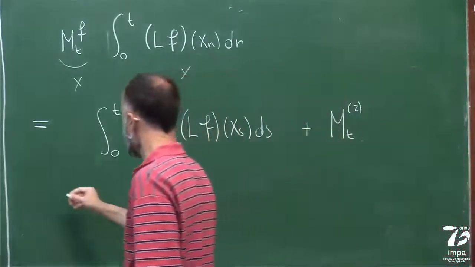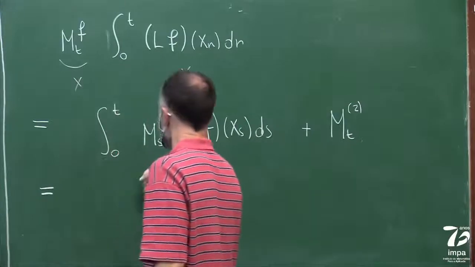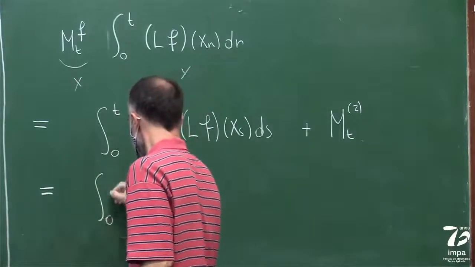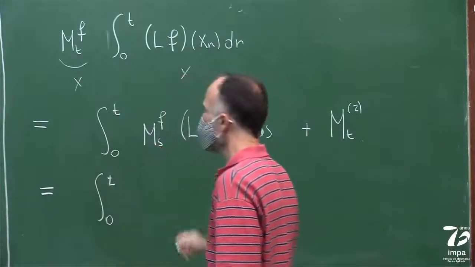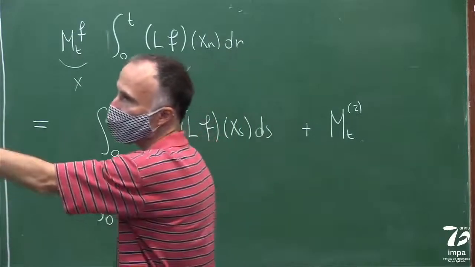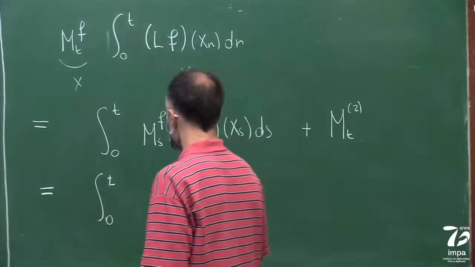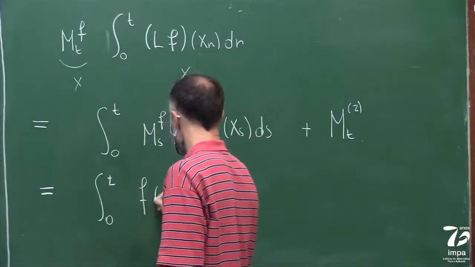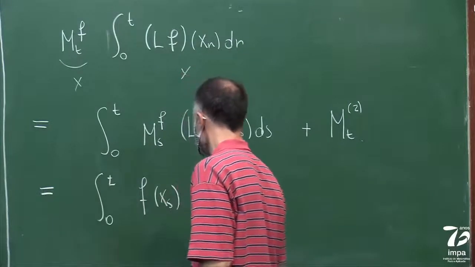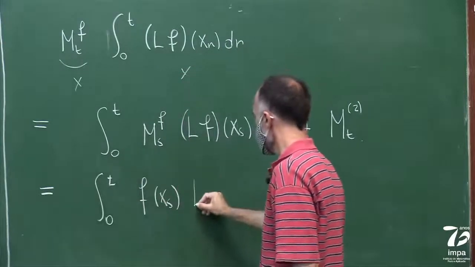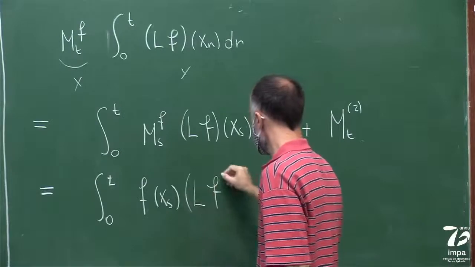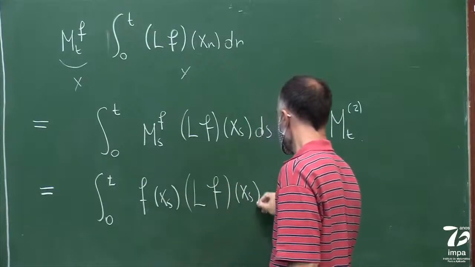And now recall what M^f is, I gave you the formula over there. So this is f(X_s) multiplied by Lf(X_s) ds.